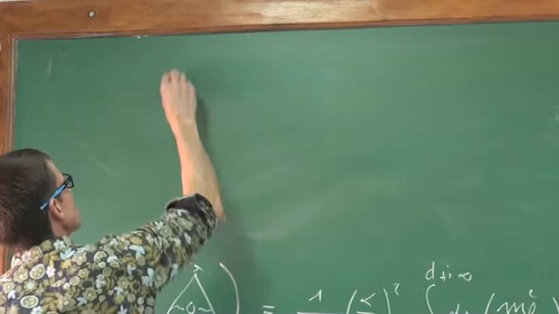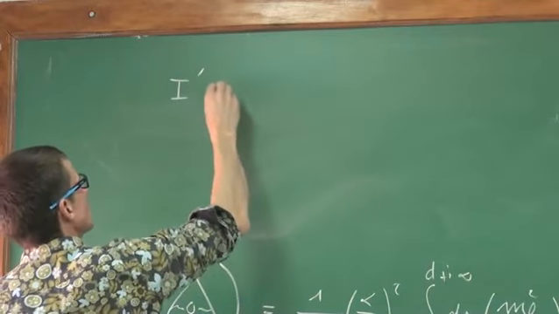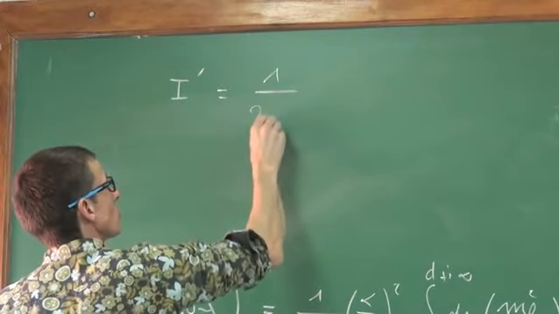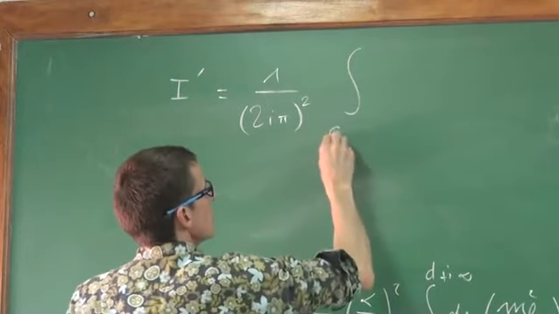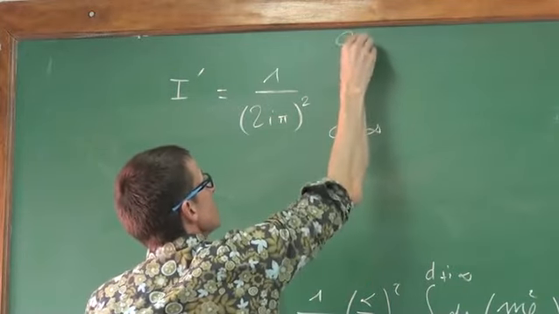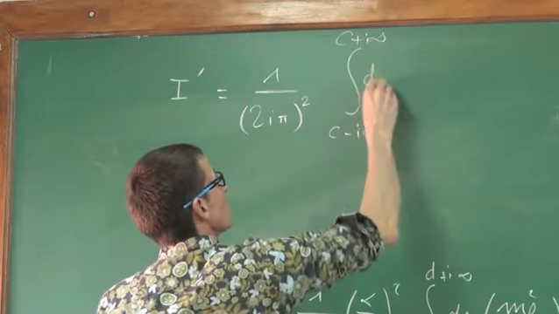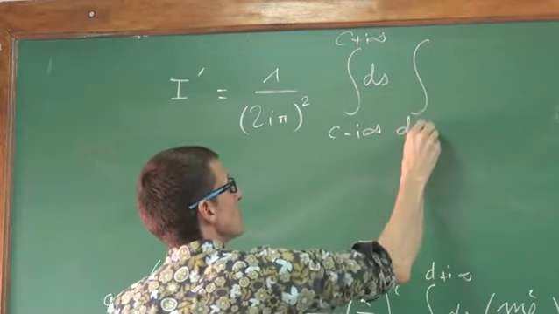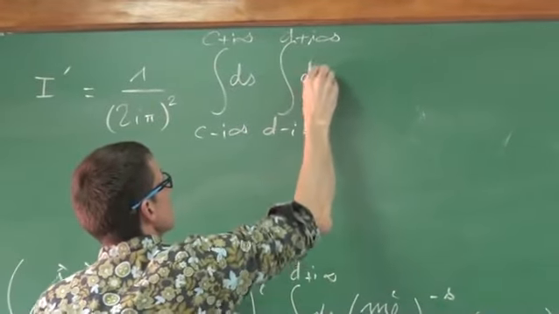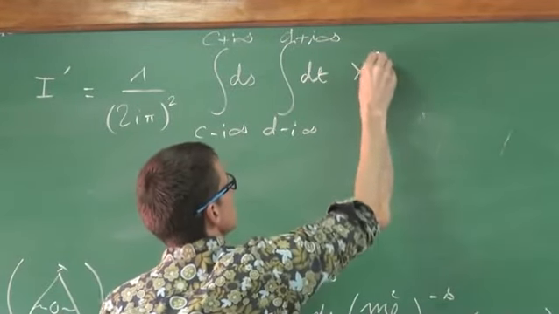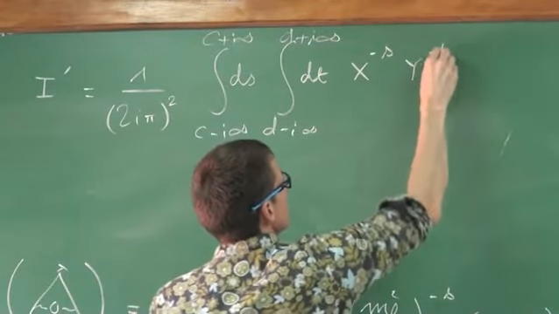Let's consider I prime, 1 over 2 pi i squared, integral from C minus i infinity to plus i infinity, D minus i infinity to plus i infinity, x to the minus s, y to the minus t.